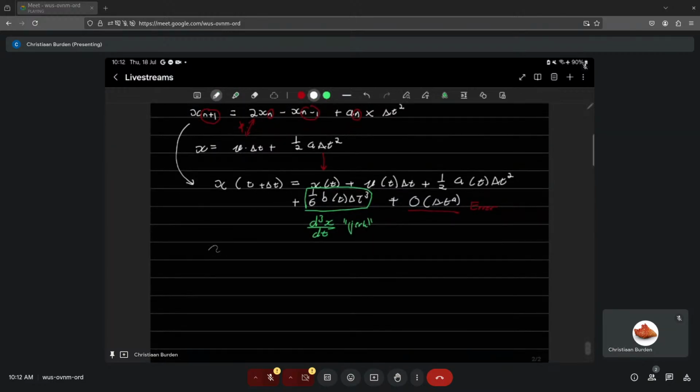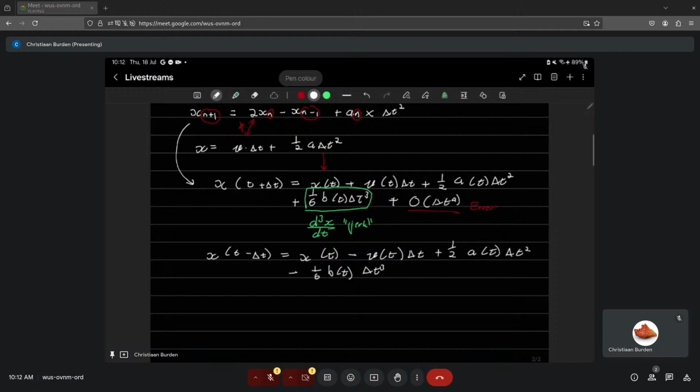Now, if we take a little trick up our sleeves and say we also know the displacement of the previous frame. So this is equal to this frame minus velocity of the current frame, plus half acceleration delta t squared, minus the jerk term delta t to the third power.